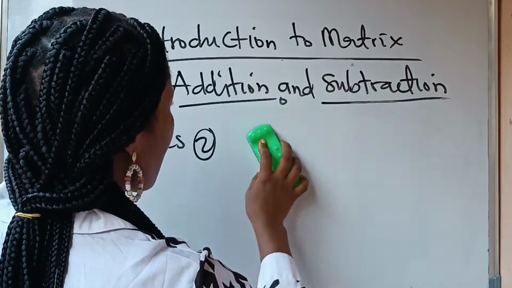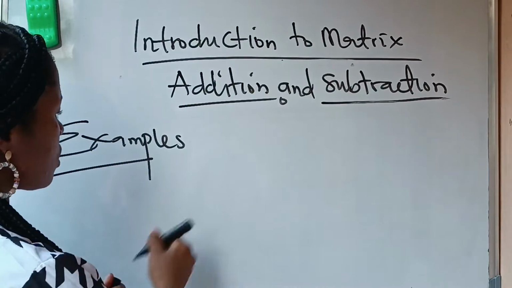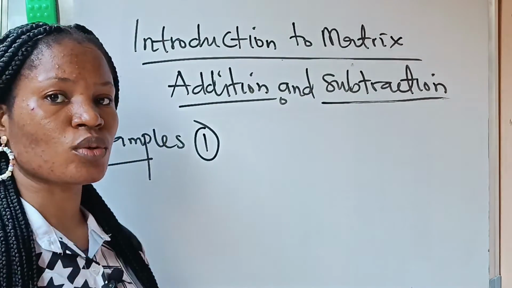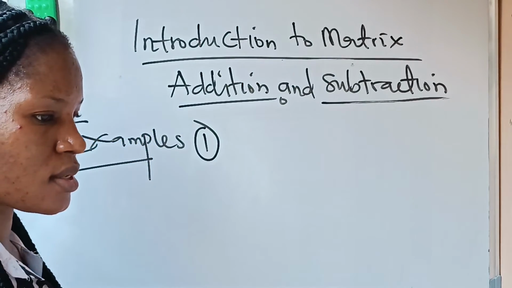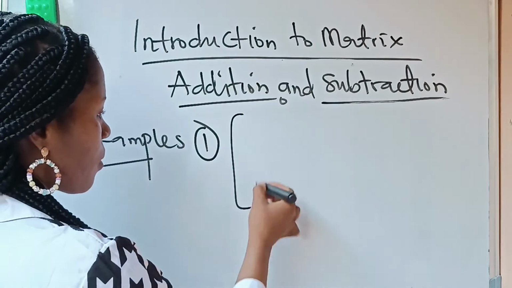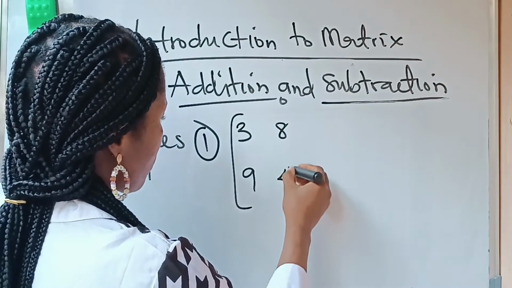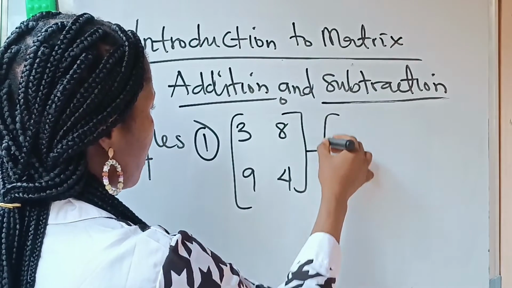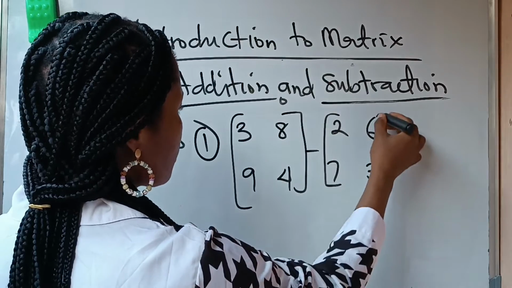Now, we have been doing addition, addition, addition. Let us do subtraction. For example, we are asked to do this: 3, 8, 9, 4, minus 2, 6, 7, 3.